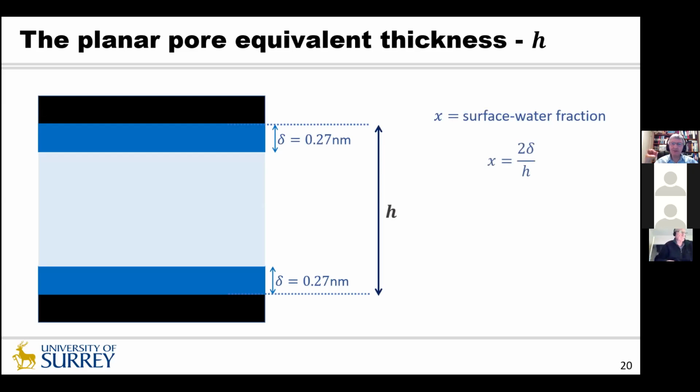And so it's a simple matter to relate these quantities. So we know X from the fit, delta is 0.27. It's a simple matter of generating an H, which I say is a sort of characteristic distance parameter for the thickness of a pore if all the pores in your material were planar pores of this thickness. We see actually that turns out to be quite useful.